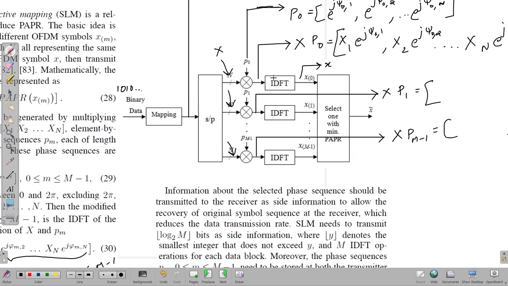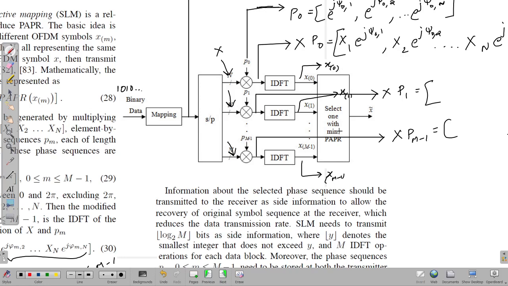So you have here x0, x1, up to xm minus 1, and then the sequence with the lowest PAPR is taken.